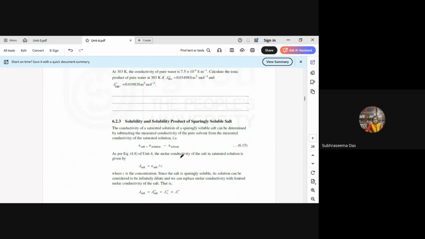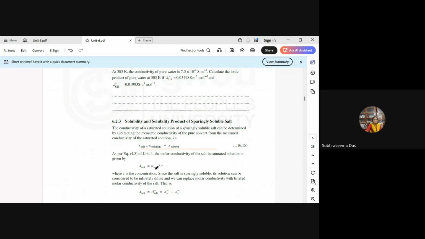Then coming to solubility and solubility product of a salt. The conductivity of a saturated solution of a sparingly soluble salt is determined by subtracting the conductivity of the pure solvent from that of the solution. That is, kappa of the salt is equal to kappa of the solution minus kappa of the solvent.